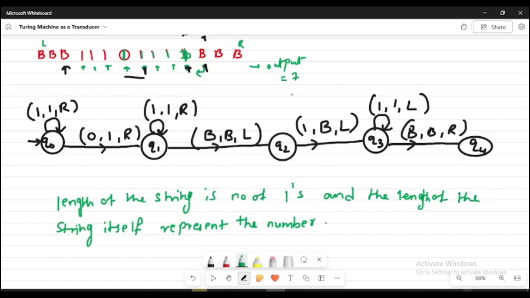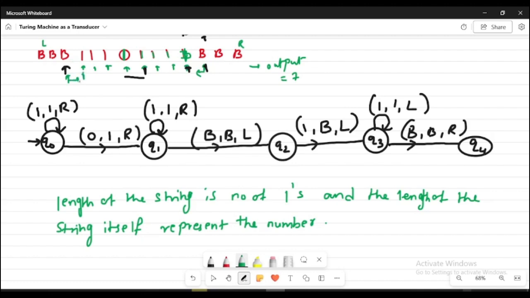After that you will find many ones on the way. Whatever ones we find, we keep as 1 and keep on moving in the left direction. We will cross all the ones, and suddenly we will hit the blank in the leftmost direction. When you hit the blank, just turn right and stop there.